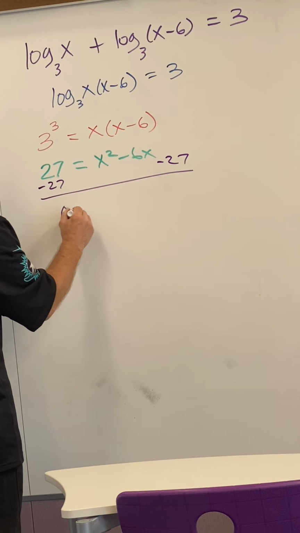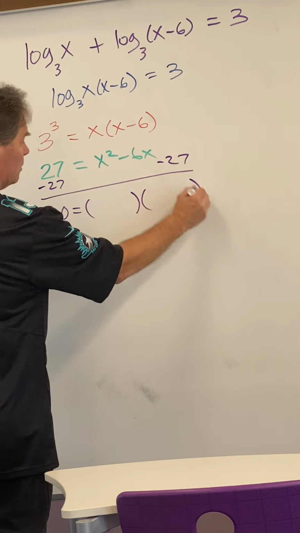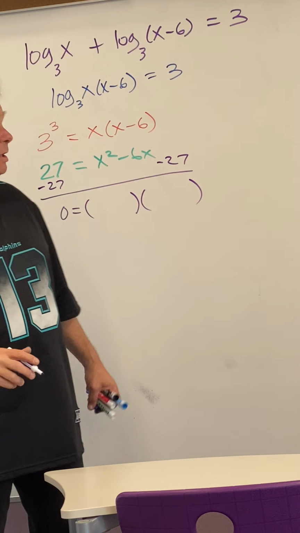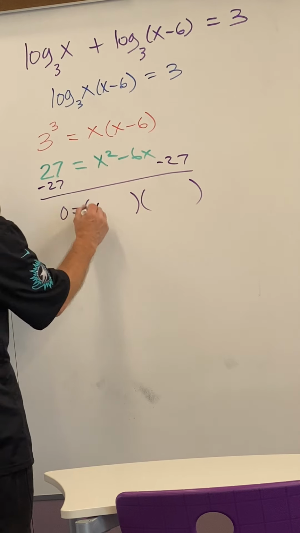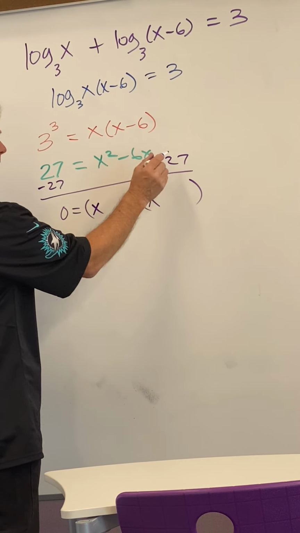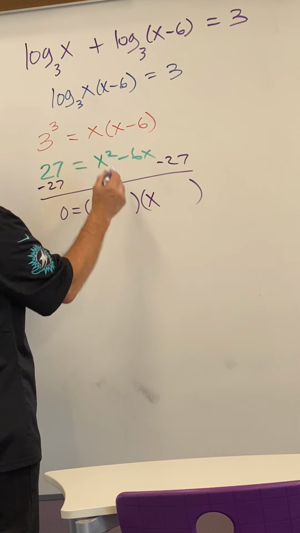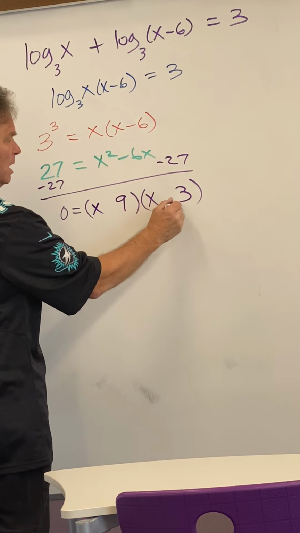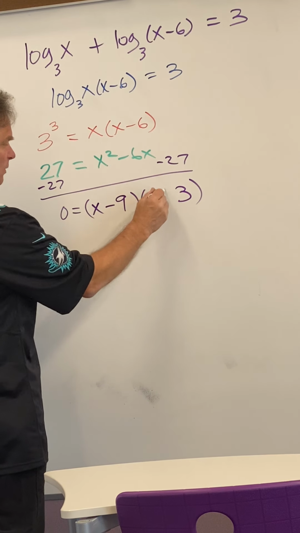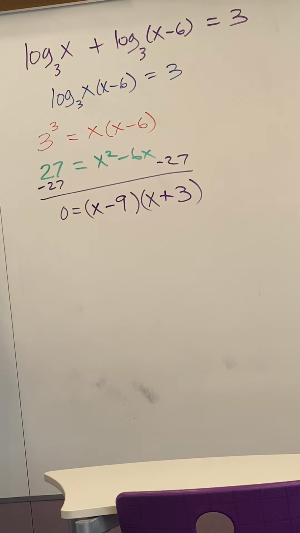Personally, if it factors, that's the one I like to use the best. They don't always factor, but a lot of times they do. Like in this case, this one factors. Two numbers that multiply to be 27 and subtract to be 6 would be 9 and 3. Different signs, bigger one minus. You guys should be very familiar with that. We did that last semester, factoring polynomials.